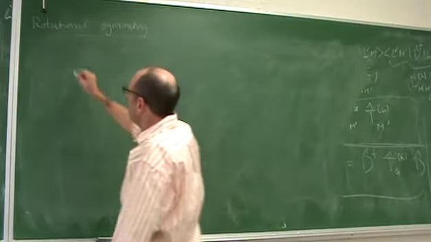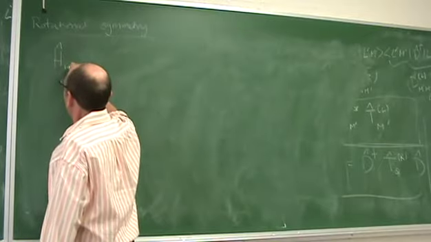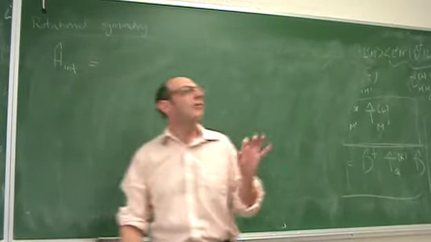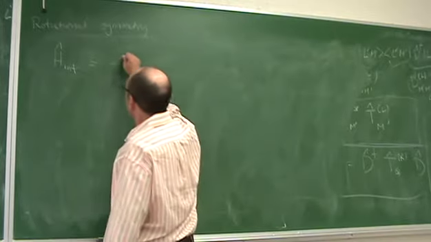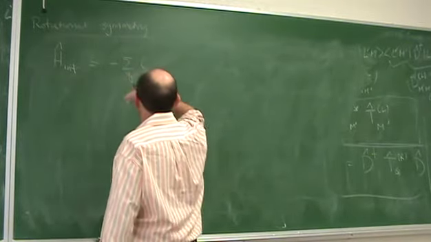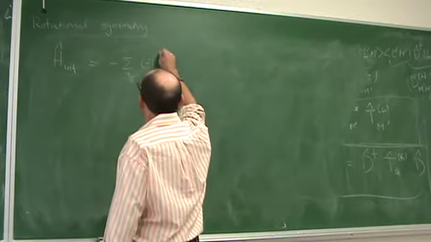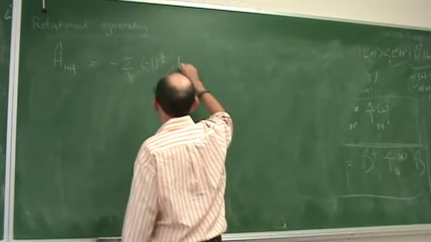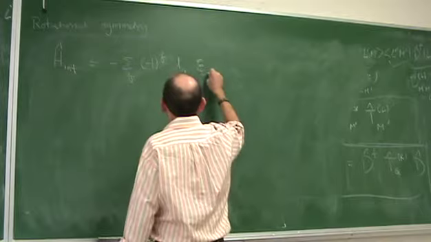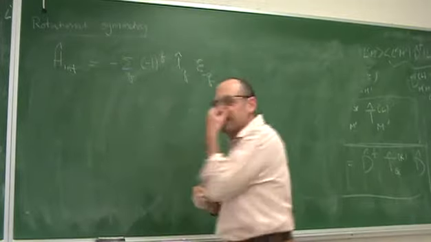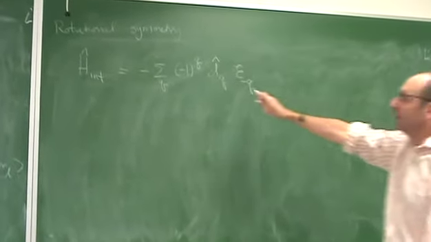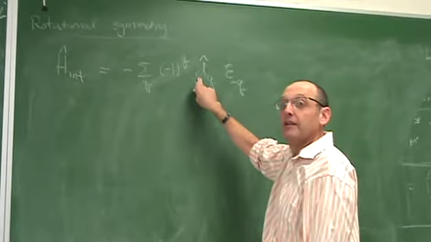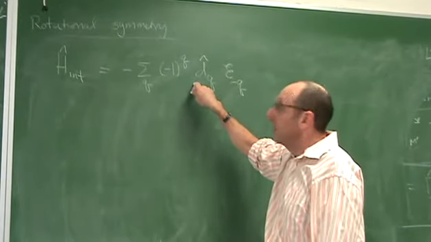Well, let's look at this interaction Hamiltonian. If we want to think about rotational symmetry, we should look at things in the spherical basis. So we'll write down this dot product the way we did before, using the spherical basis, right? So these objects are the components of the dipole operator in the spherical basis.